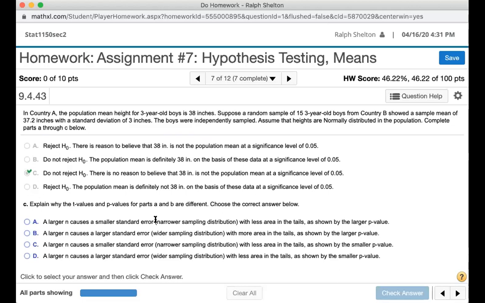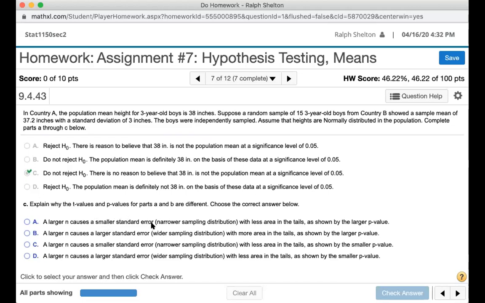They're going to be closer together. If I get a sample of 100 and average them, and I go get another 100 and average them, those averages aren't going to be as far apart as they would be if I only got 10 and averaged them, right? So a larger n causes a smaller standard error.